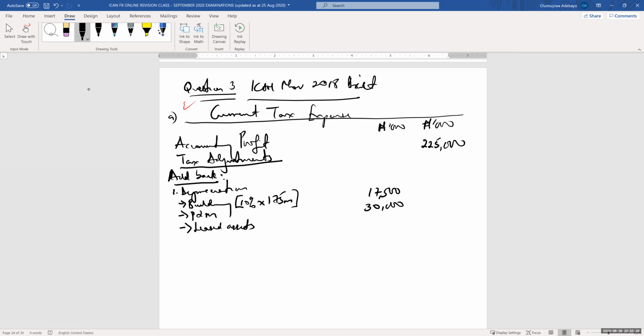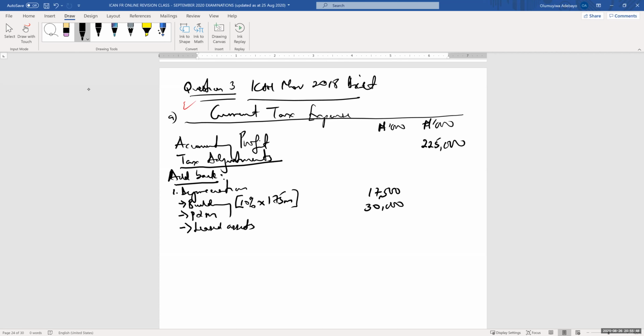That is 100% divided by 20% will give you 5 years. Which means that if out of 5 years, 1 year has been depreciated and the balance remains at 20, therefore, what is the depreciation for each year?